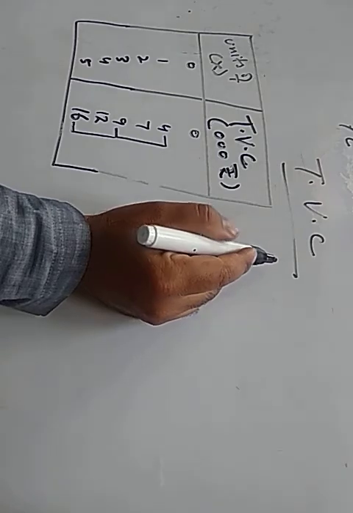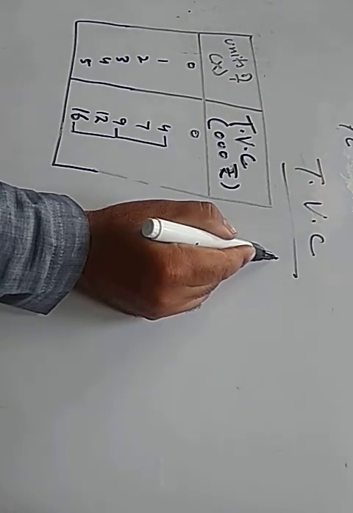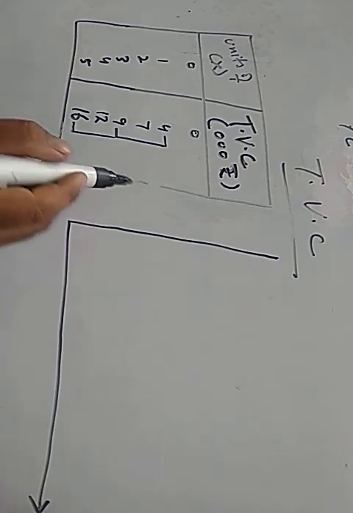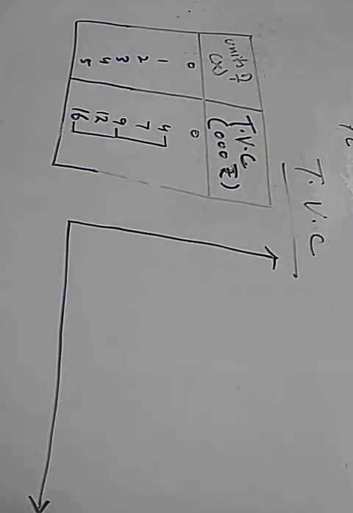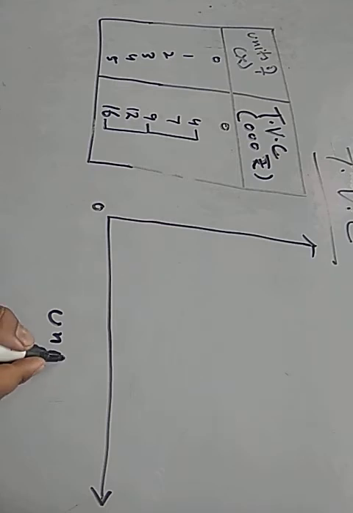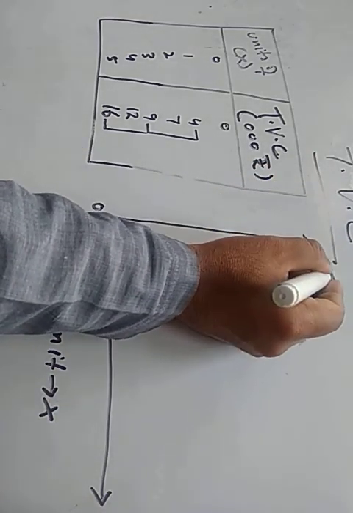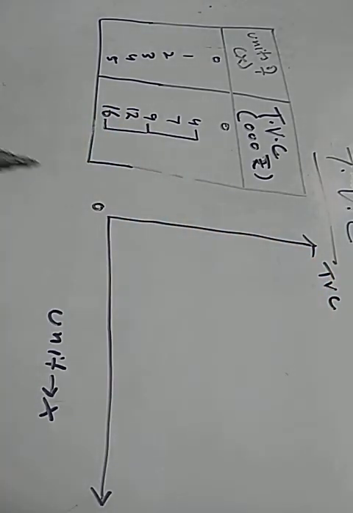And now we will show it with the help of a graphical presentation of this data, this schedule showing different units of commodity X and total variable cost. On the horizontal axis, x-axis, units of commodity X produced, and on the y-axis we take the value of total variable cost.